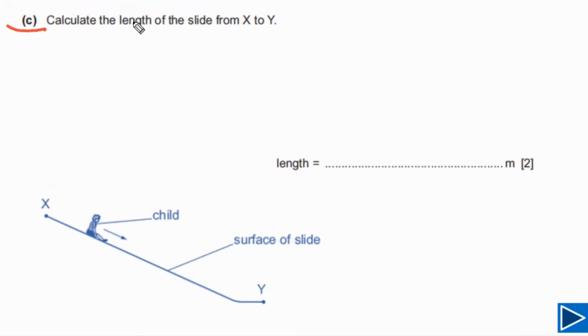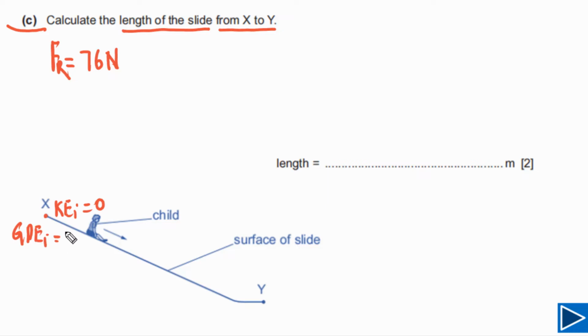For part C, we need to calculate the length of the slide from X to Y. For this question, the resistive force acting on the child is given to us, that is equal to 76 newtons. It is also given to us the value of KE at X, the initial, which is equal to 0. And GPE initial is also given, that is equal to 3200 joules.